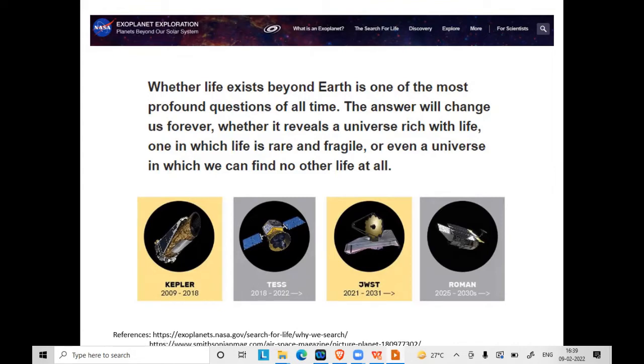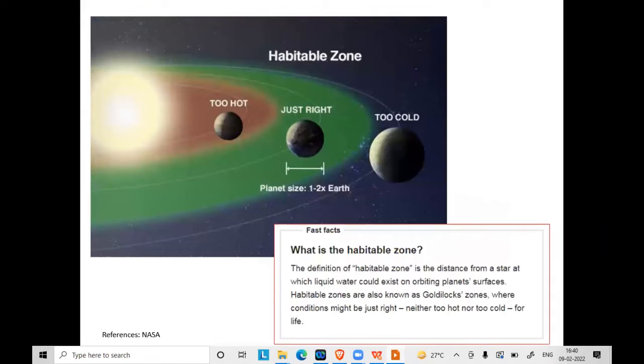In fact, I know on 19th of April there is going to be a talk on the James Webb Space Telescope, and even another telescope will be launched. One of the core functionalities of all these telescopes is to understand whether there is life beyond Earth. So how are we going to find life beyond Earth? Let's look at that.